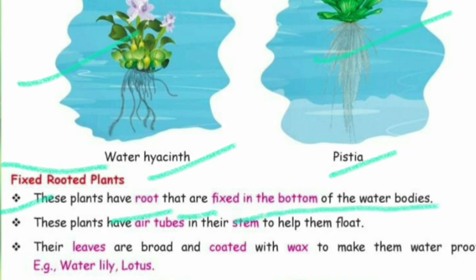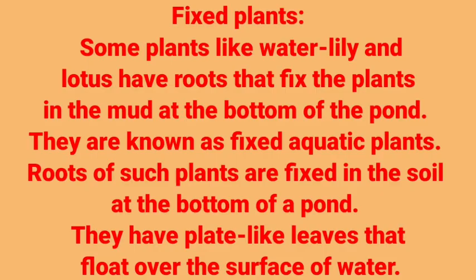They are only slightly floating. They do not move from one place to another because they are fixed. That's why they are known as fixed aquatic plants, because their roots fix the plants in the mud at the bottom of the water bodies.